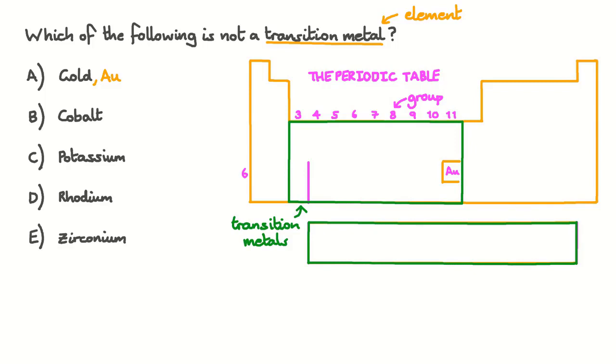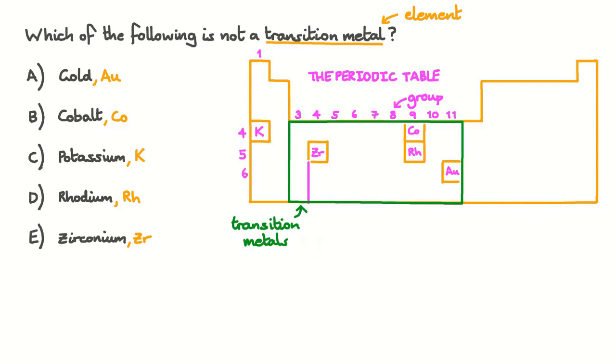The symbol for gold is Au. Cobalt, with symbol Co, can be found in group 9 and period 4. Potassium, with symbol K, is also in period 4, but it's in group 1. Rhodium, symbol Rh, is found below cobalt in group 9 and in period 5. And lastly, zirconium can be found in group 4 and period 5.